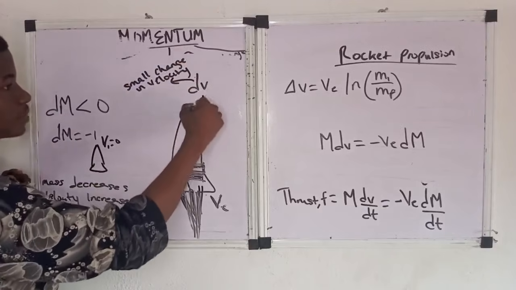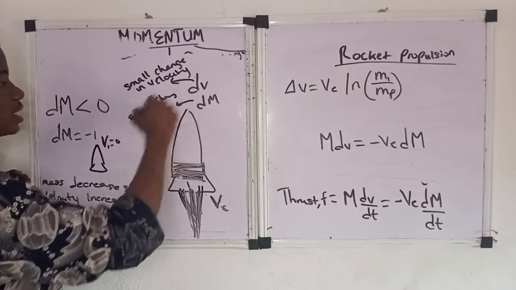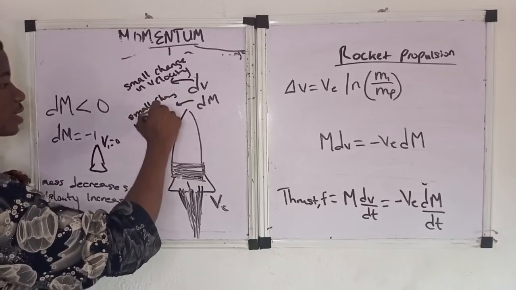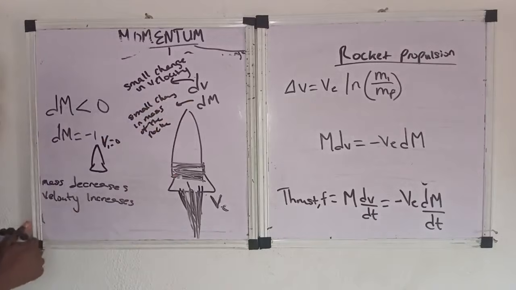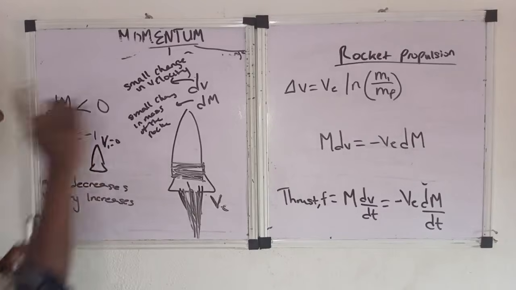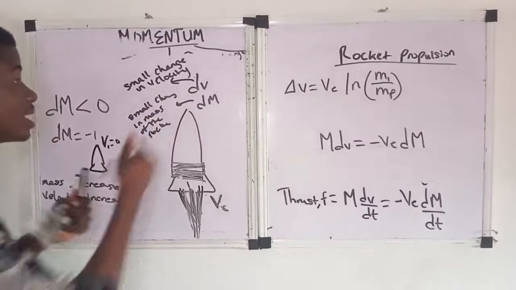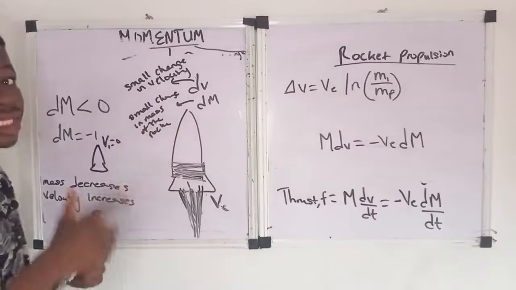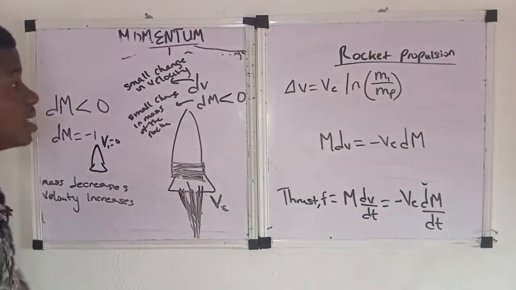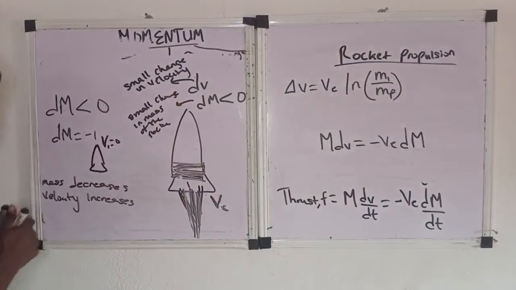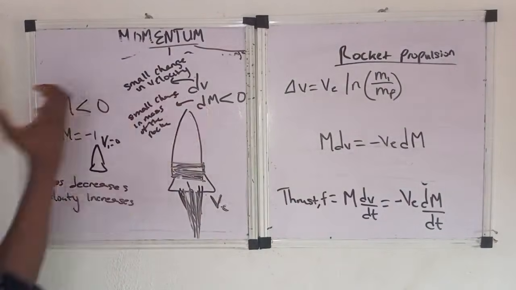Then I told you guys dm is a small change in mass of the rocket, and dm is usually less than zero, so dm is negative. Now what about dv? Remember, mass decreases, so this dm is negative.